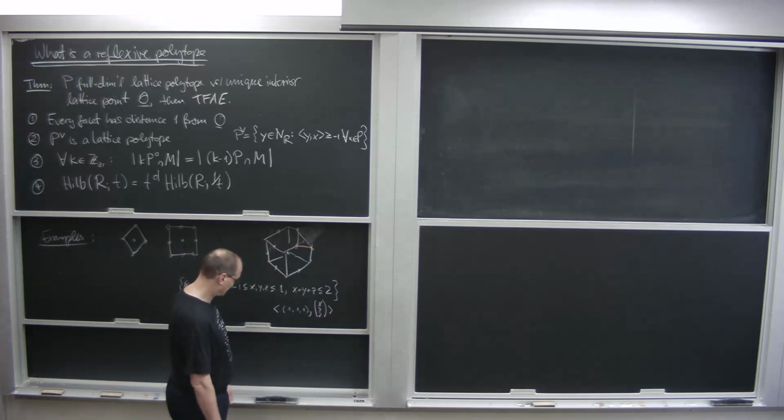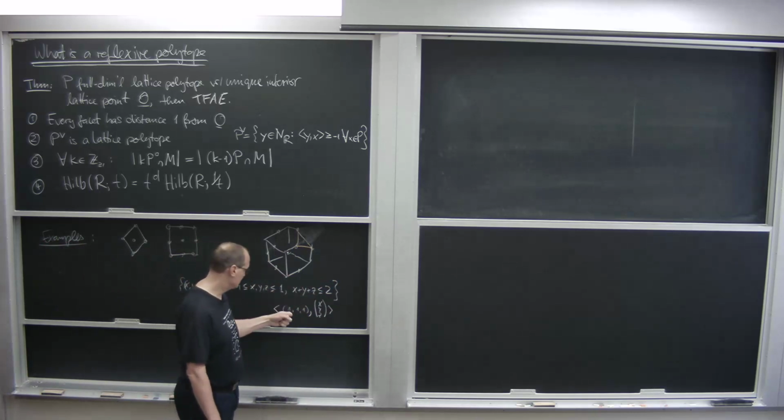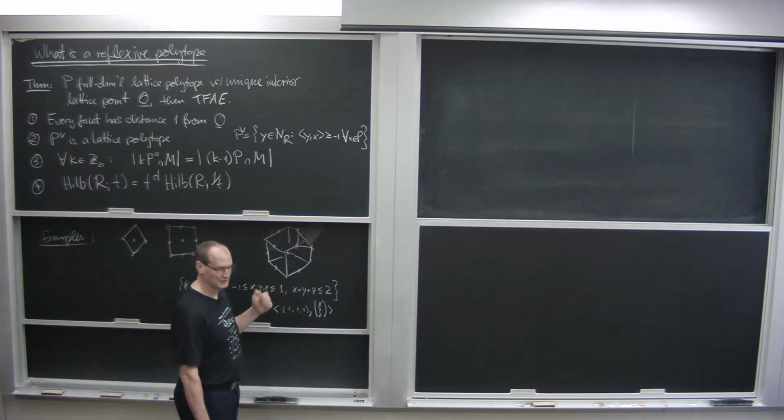Then I want this to be a primitive lattice vector. So these should all be integers, and this should not be a multiple of another integer vector, other than -1, I guess.